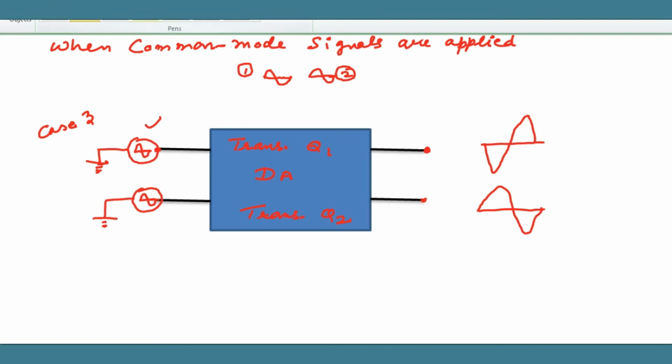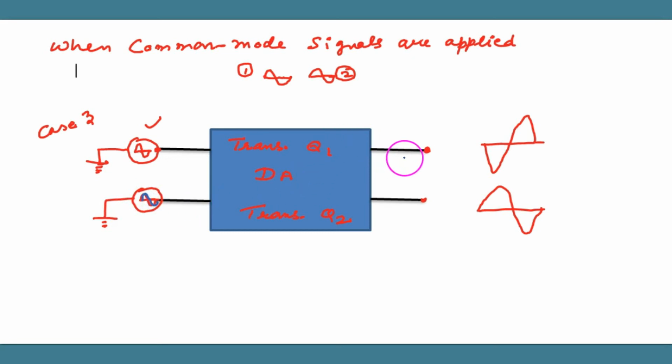Now because of the second input, V input number 2, here Vout1 will be in phase with V input number 2.